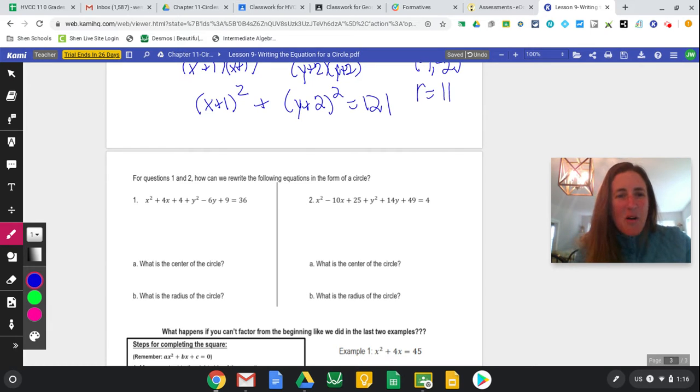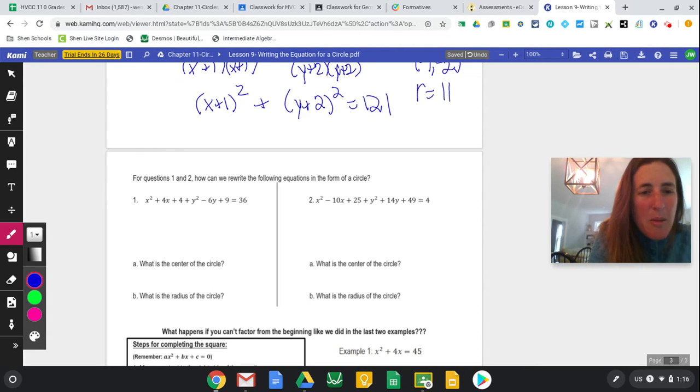Okay, now look at these next ones. All right, same idea. It just doesn't have the parentheses in there. But you guys know that this is really x plus 2 times x plus 2, or x plus 2 squared.